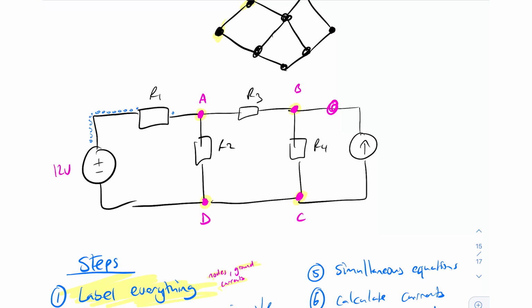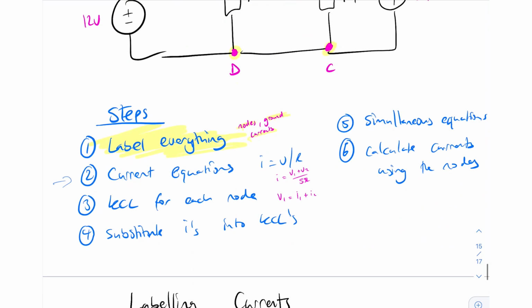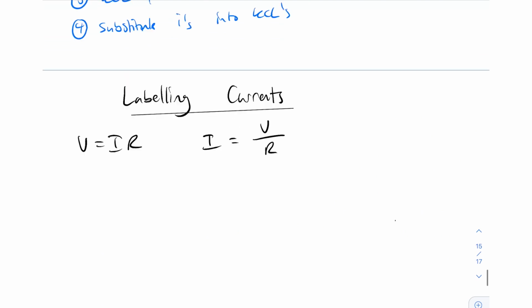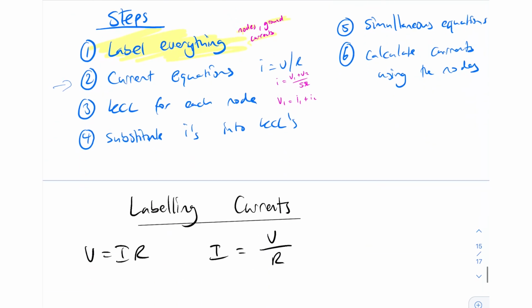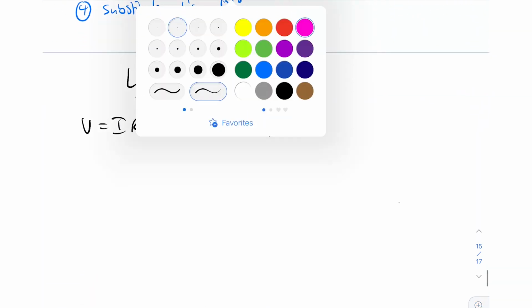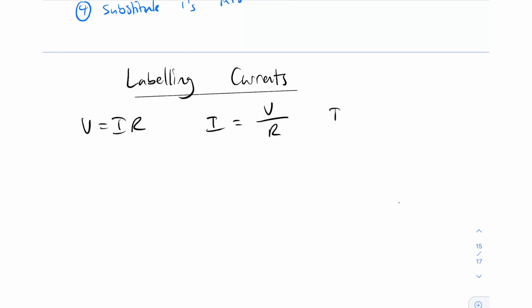If this is 12 volts and that's 5 amps, what's this voltage here? You don't know, right? After all these voltage drops, you don't know. So what you would do is do it in terms of ground. So in reference to ground, what's that? And so you end up with this template of I is equal to the voltage high.